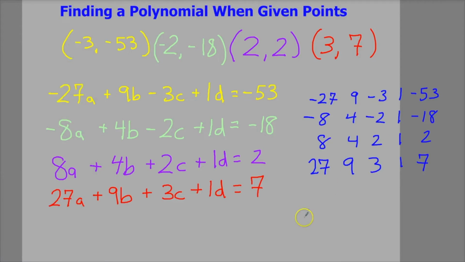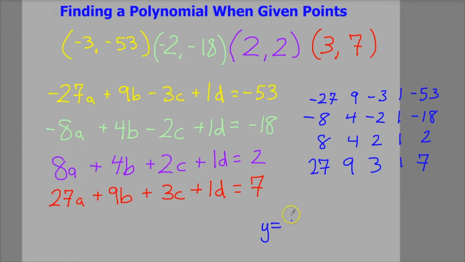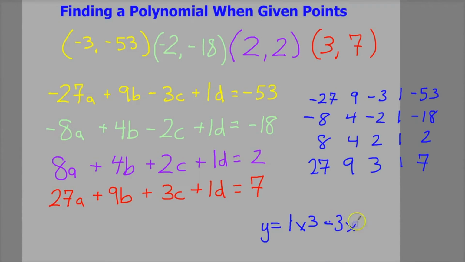So I use the standard form again. So y is equal to, and in the first case I want to look and see that it's 1. So that would be 1x to the third power. And for the second set, it would be negative 3, so minus 3x squared.